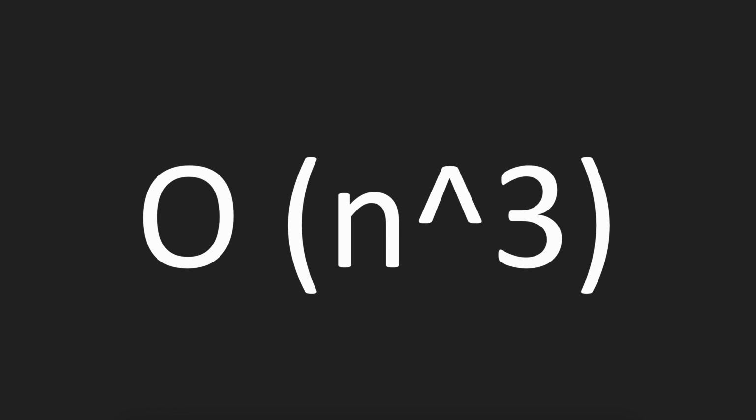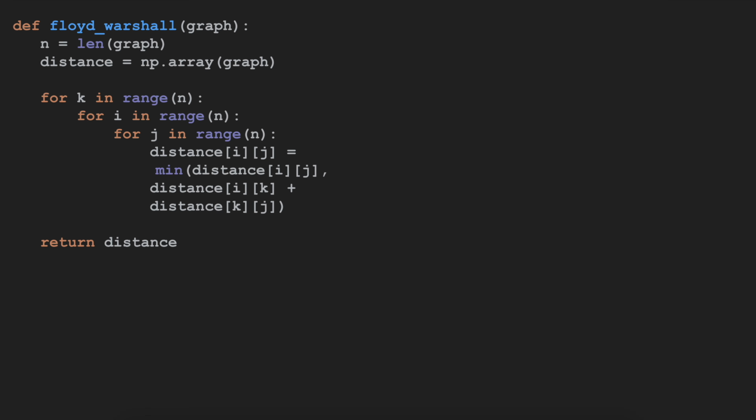Next one is the cubic runtime, n to the power of 3. For that, let's take an example of the Floyd-Warshall algorithm. The Floyd-Warshall algorithm, in a nutshell, is an algorithm to find the shortest distance between all nodes.